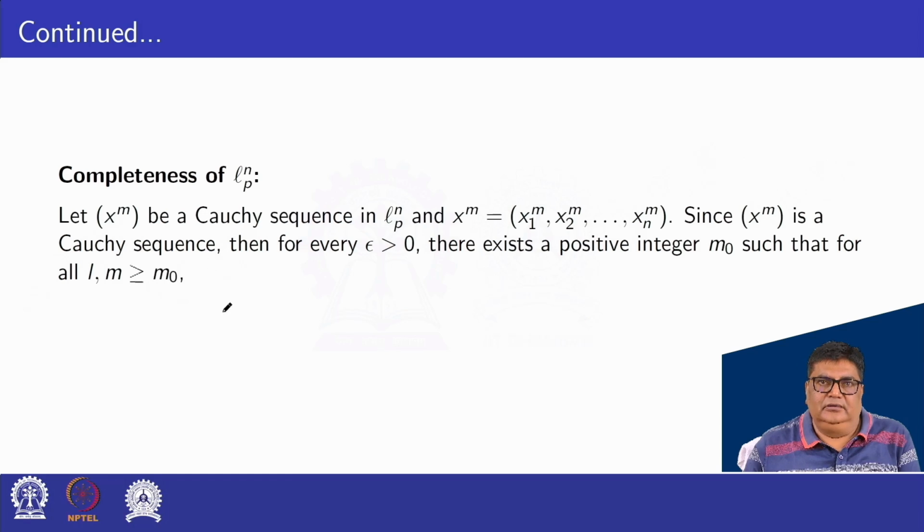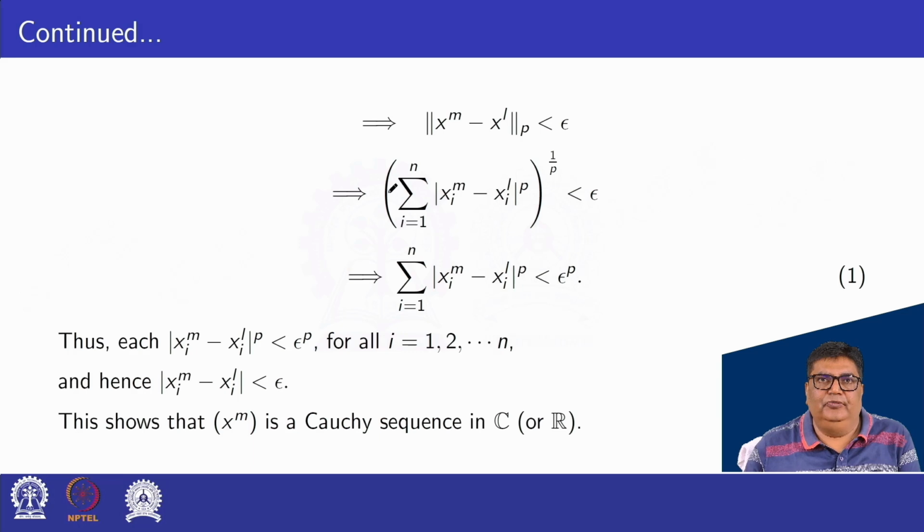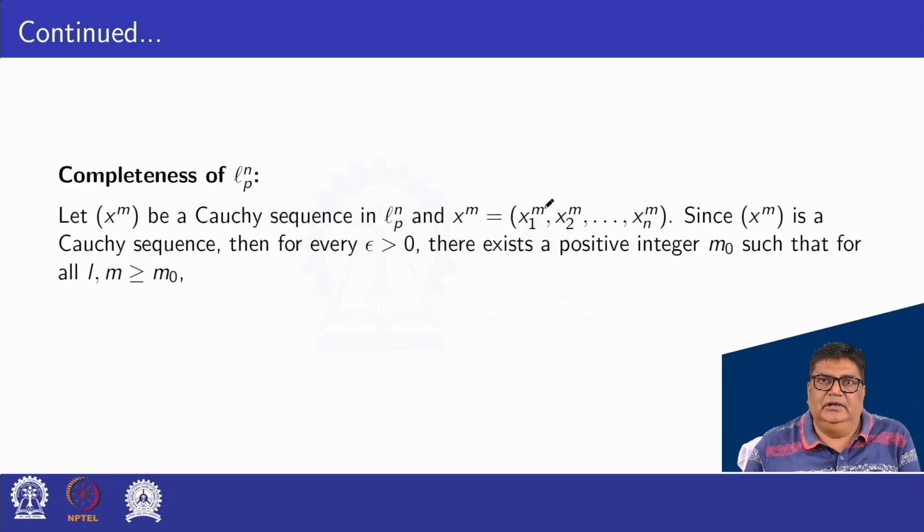Then by definition of the Cauchy sequence in normed linear space, we can write norm xm minus xl under the pth norm less than epsilon, and xm has n tuples xm1, xm2 and so on xmn.